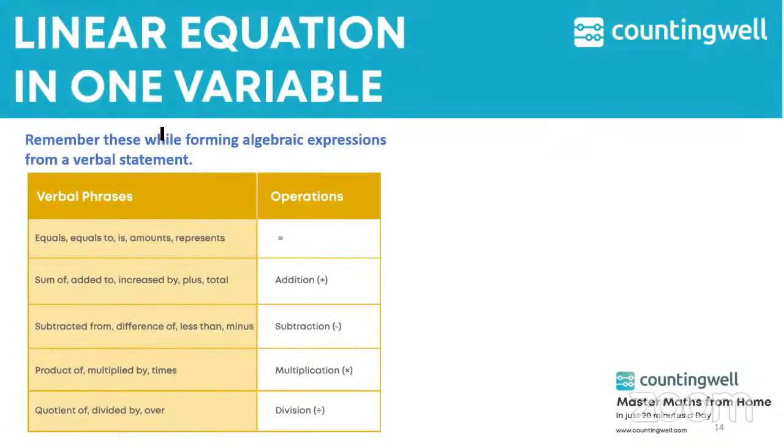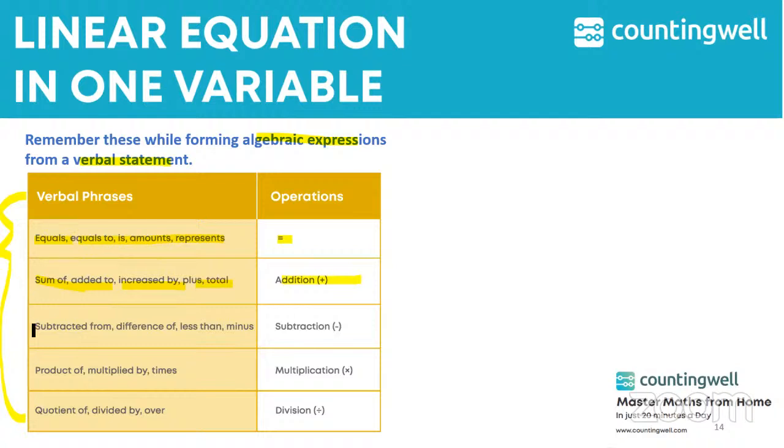Also, when you are forming algebraic expressions from a verbal statement, if the statement comes as equals, equals to, is, amounts, represents, the operation used should be the equality sign. If the words come as sum of, added to, increased by, plus or total, you have to use the operation addition.